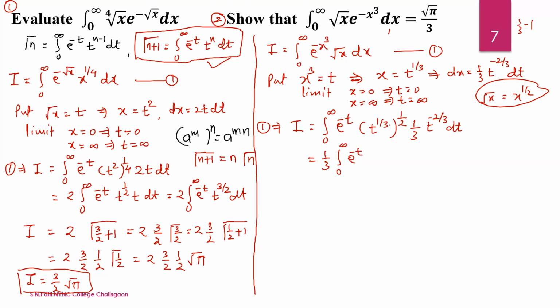Now apply the indices property. See here, a raised to m raised to n can be written as a raised to mn. That is 1/3 into 1/2, so that is t raised to 1/6.